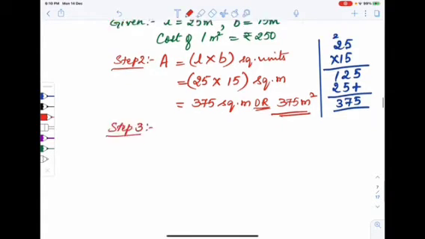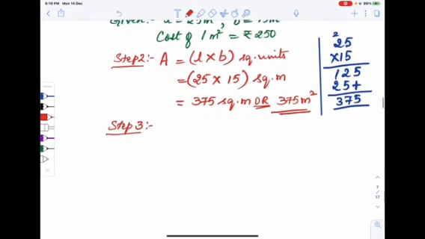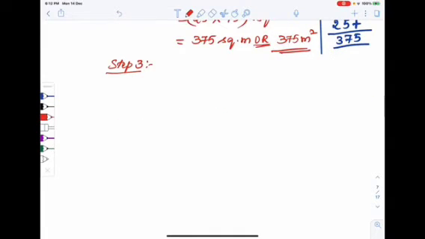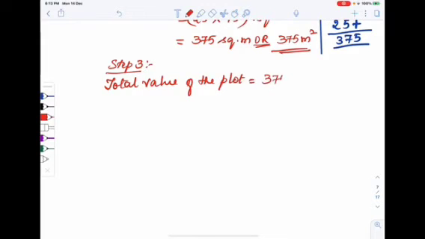What is step 3? We have got the cost, which is 250 rupees, and we need to find the total cost of the area, the whole plot as such. Now we need to find the total value of the plot. So total value of the plot is equal to the area what we have found out, 375 meters square, into the cost what they have given.